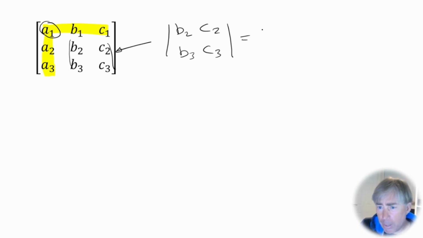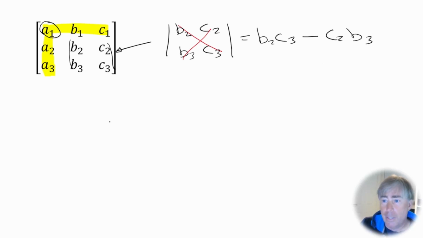And just a reminder, that is actually represented by, I tend to use a cross, so B2 multiplied by C3, and then subtract the other diagonal product, which is C2B3. Okay, so that's how I'd find the determinant of the minor matrix. And then you would multiply that by A1.